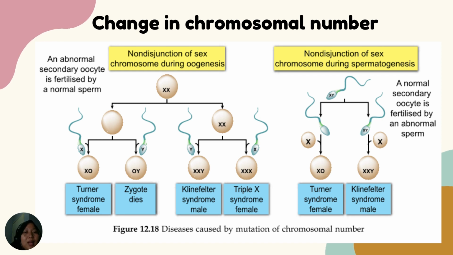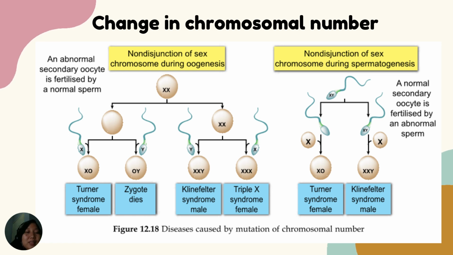So XX is a female, and when non-disjunction occurs, one gamete has no X, and another gamete has double X. So when there's zero sex chromosome combined with X, it will become a Turner syndrome female.